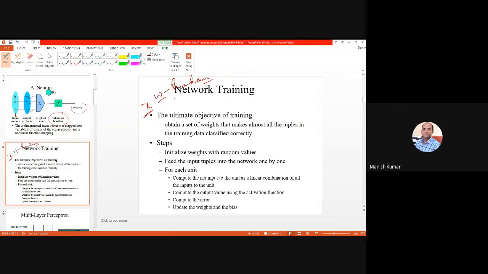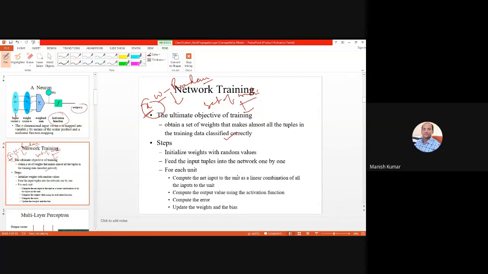Then you try to adjust the weights. Why you are adjusting is to get a set of optimized weights that makes the input sample classified correctly. That is the goal.